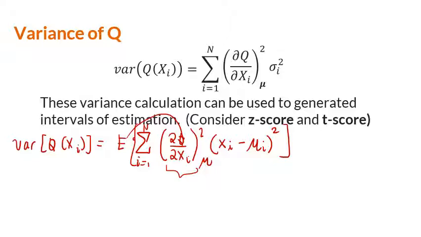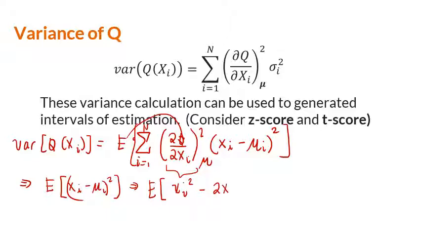Okay, so let's review, class. So expectation value ng x sub I minus mu sub I squared. Let's expand this. So this is equivalent to your expectation value of x sub I squared minus 2 mu sub I x sub I plus mu sub I squared.